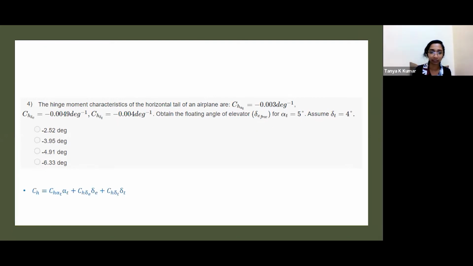Delta E free means CH equal to 0 for alpha tail and a delta deflection of trim tab. So what is the linearized equation, assuming CH not to be 0? This is your equation, and for the delta E free condition, this is 0.